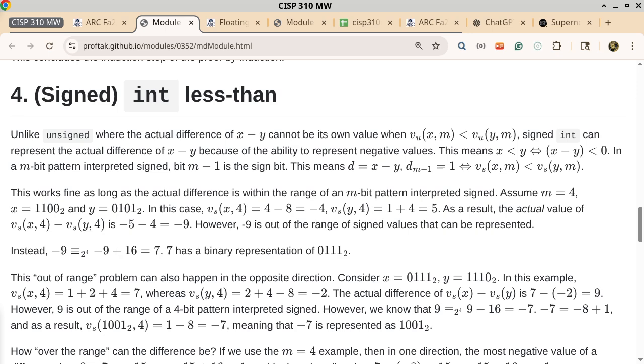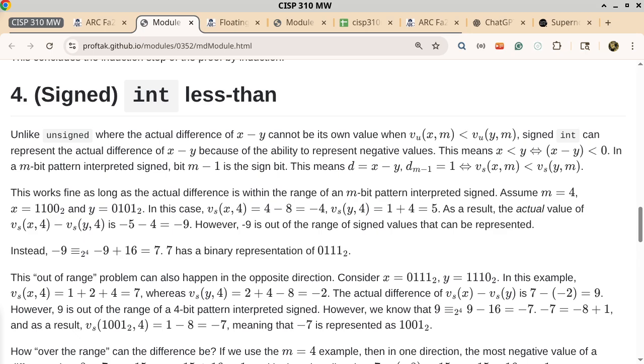Okay, so let me just go over this chain of reasoning again. Using algebra, we can say x is less than y if and only if the difference of x and y is less than 0. That's just algebra.